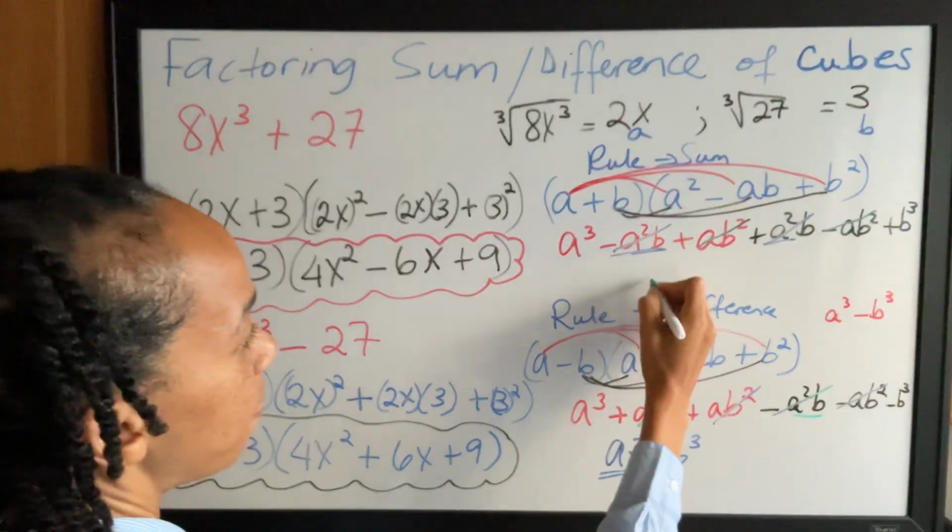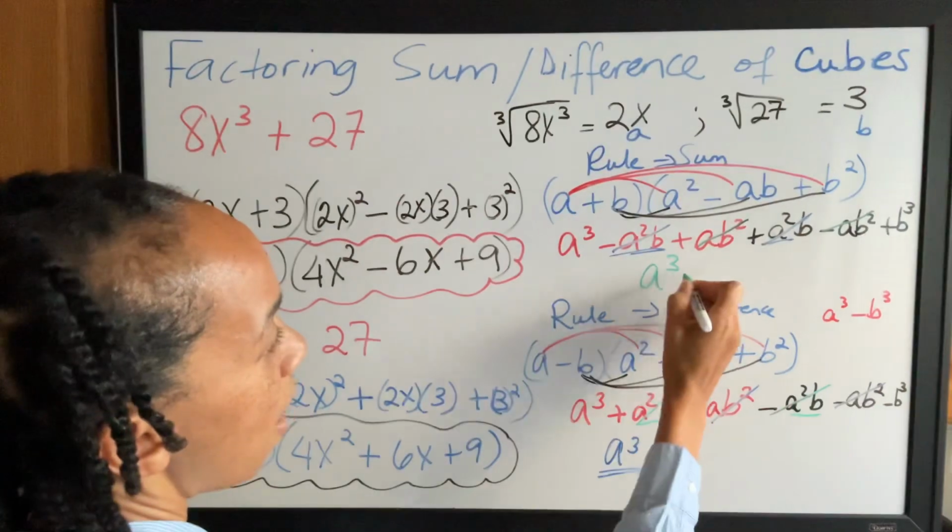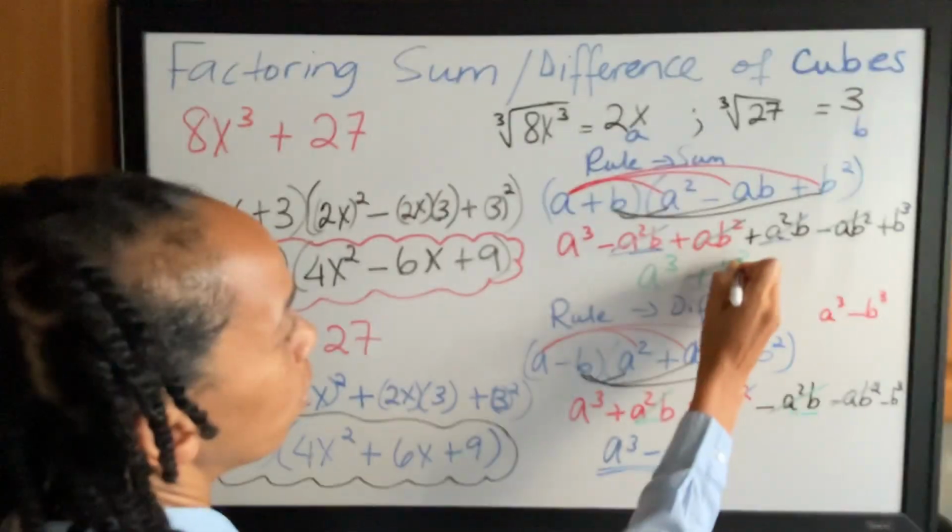So I'm simply left with a to the third power plus b to the third power.